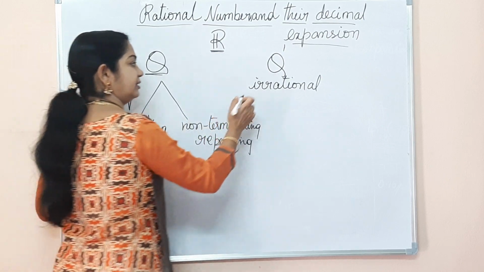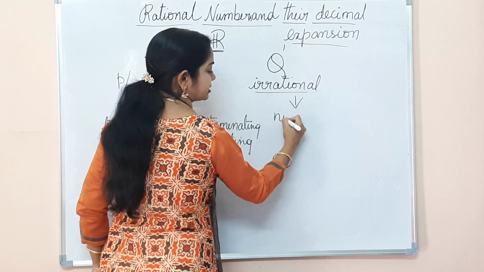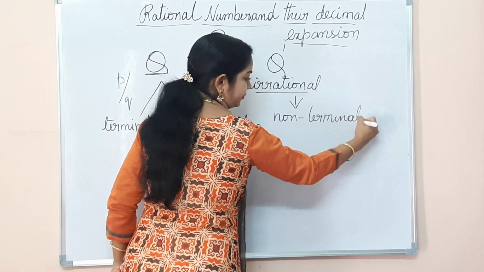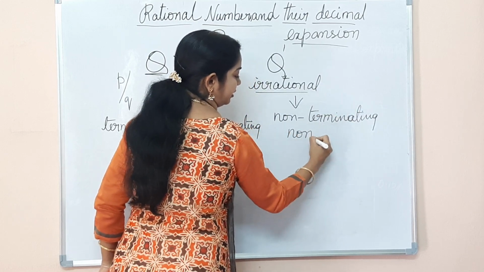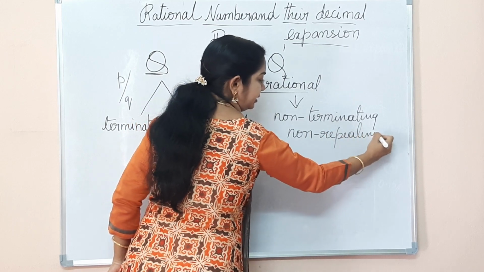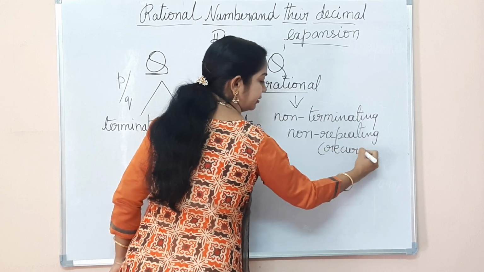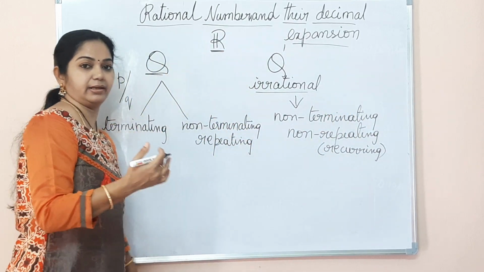When you see the case of irrational numbers, we get the decimal expansion as non-terminating, non-repeating decimals. Non-repeating, or non-recurring, that means it doesn't occur again and again.